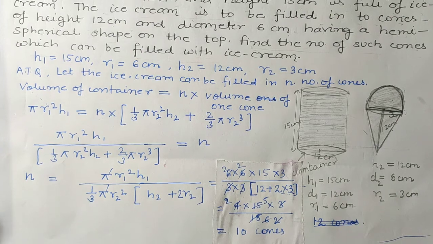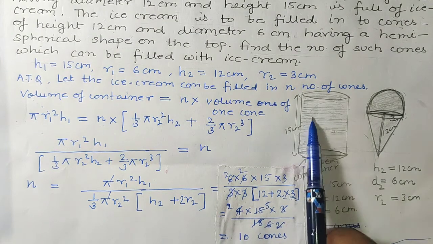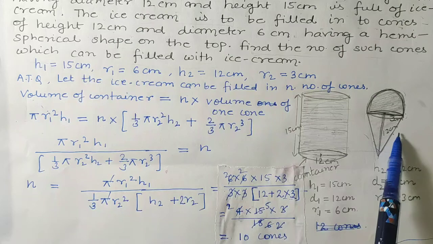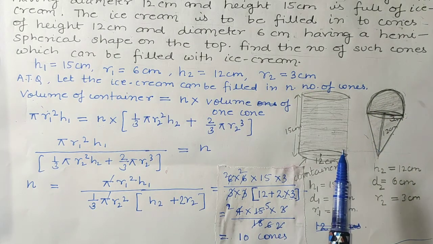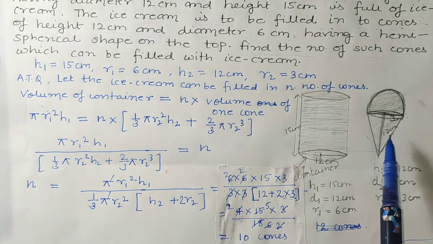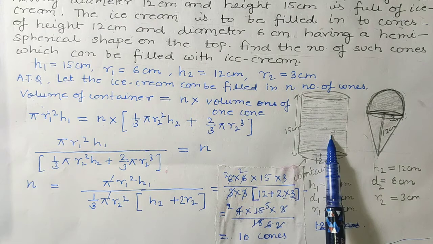Okay students, the main concept that we have used here is this: the container is filled with ice cream, and the ice cream of the container is to be filled in such cones. So whatever the number of cones, the volume of that number of cones will be equal to the volume of this container. That means the amount of ice cream will be equal.